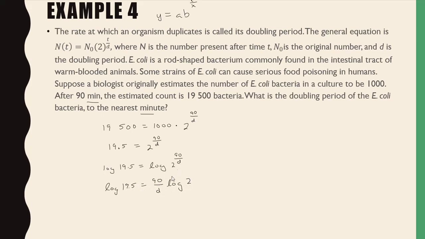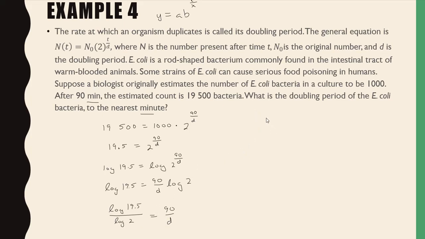Because it's multiplication now, I can divide both sides by log 2. So I get log 19.5 over log 2, and that's equal to 90 over d. There's lots of ways to solve for d at this point, but I see two fractions that are equal to each other. What I'm looking for is in the denominator, so I can actually just reciprocate both sides.